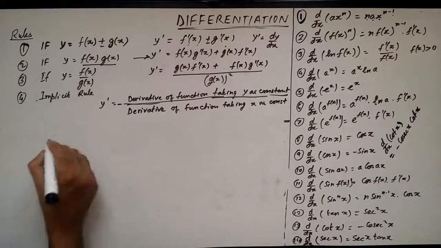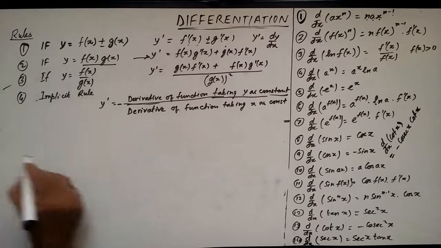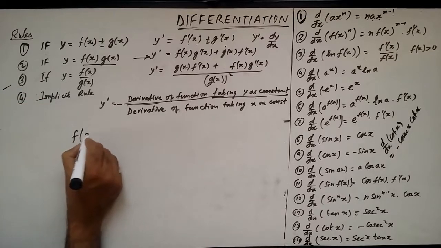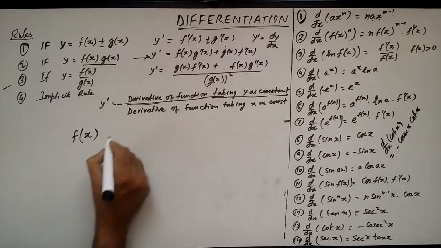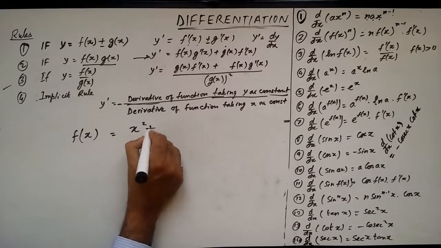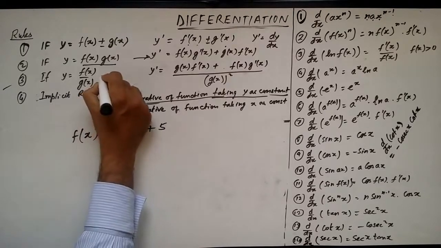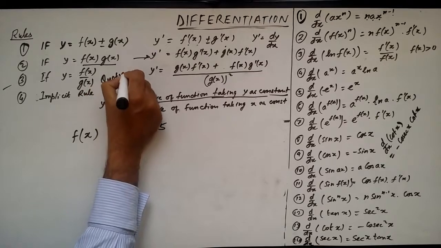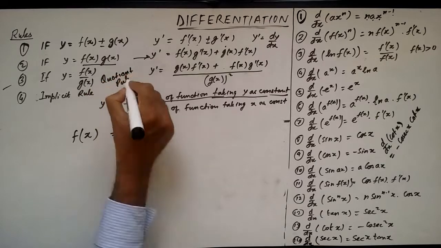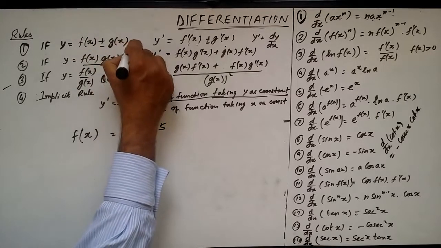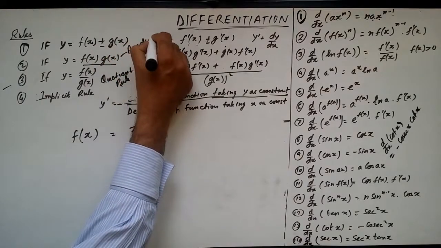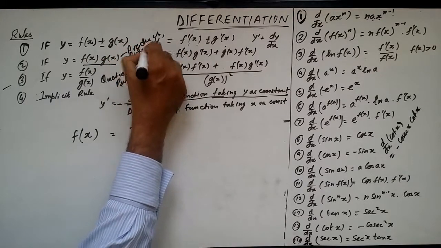Okay. So now let's see some questions on the quotient rule. This is called the quotient rule, and this is called the product rule, as we have done, as you know from the previous lectures.